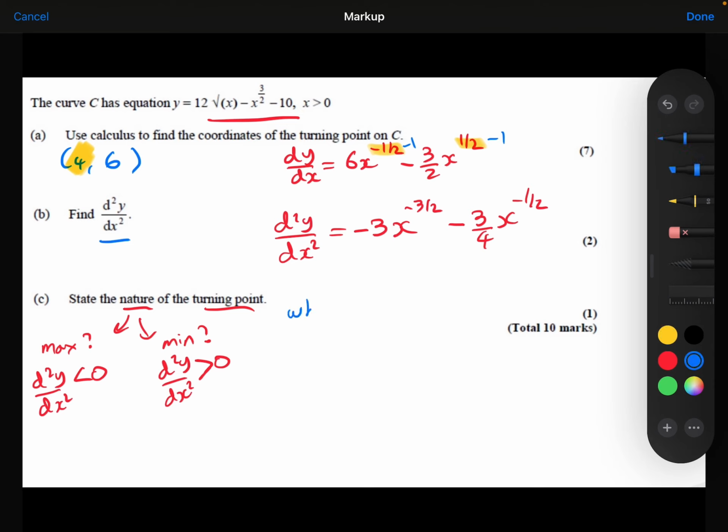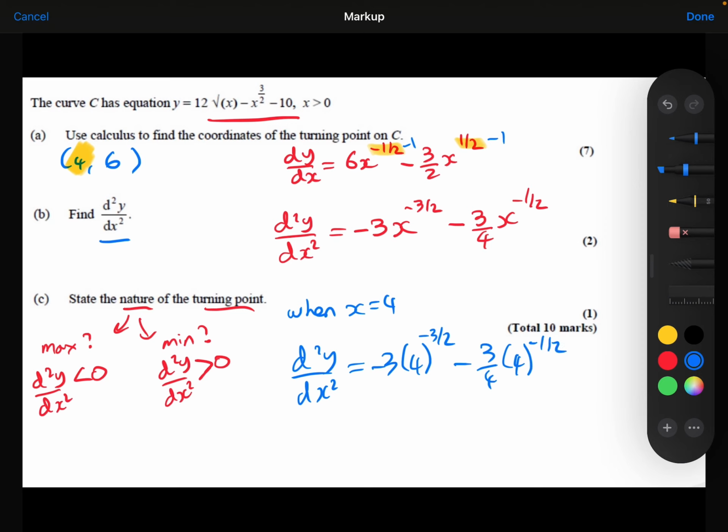So let's have a look. When x equals 4, our second derivative would be equal to minus 3 times 4 to the power minus 3 over 2 minus 3 over 4 times 4 to the power of minus a half. Just substituting our x equals 4 into here and here.